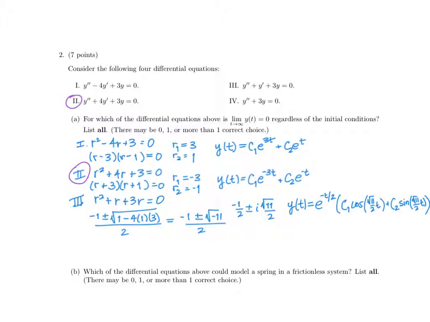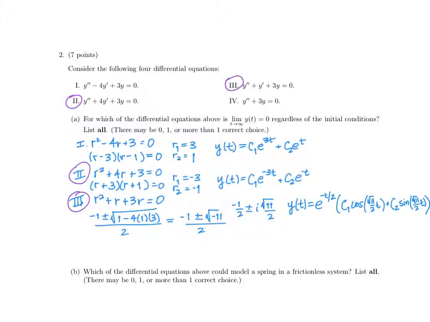So number 3 is another differential equation whose solution is going to go to 0 regardless of the initial conditions. The initial conditions are just going to tell us what c1 and c2 are. It's not going to change the limiting behavior. What's controlling the limiting behavior is what's out here, that e to the -t over 2. So 3 is definitely one of our options.